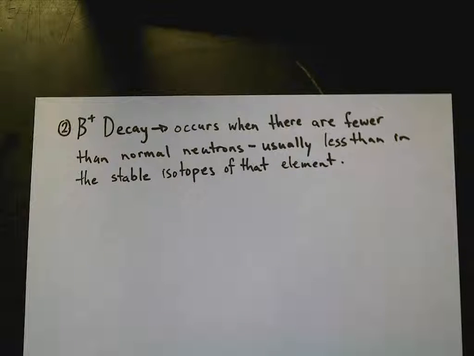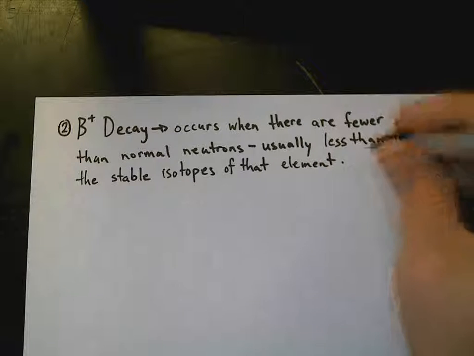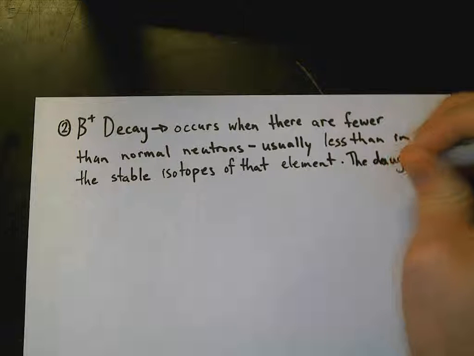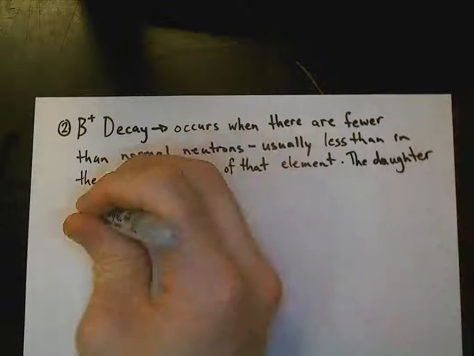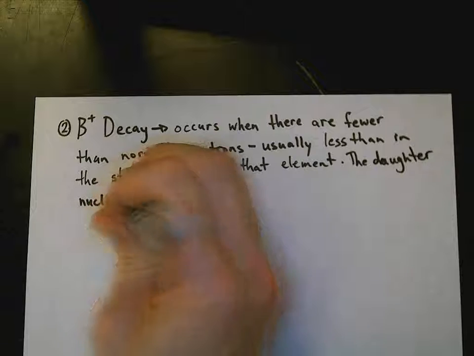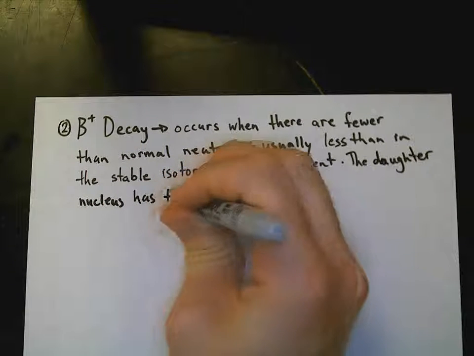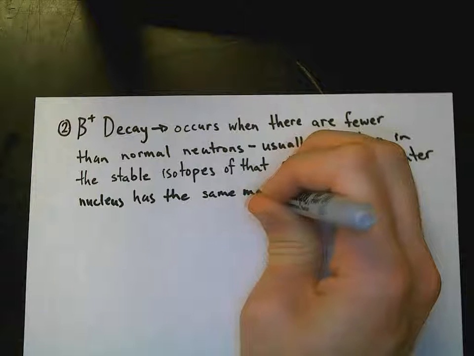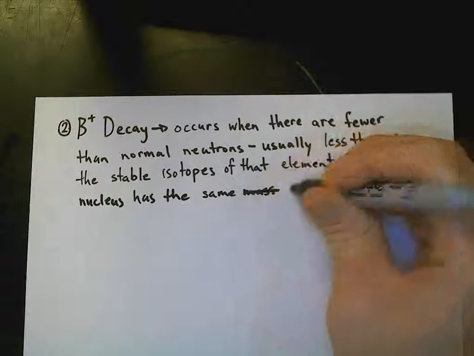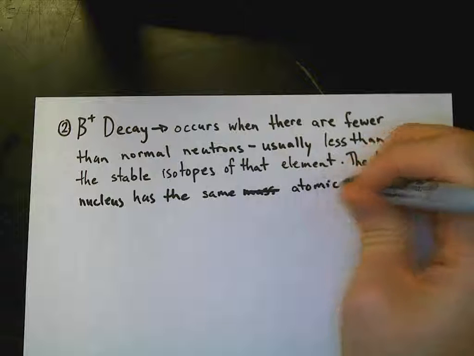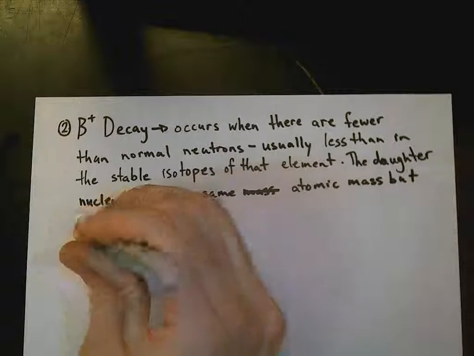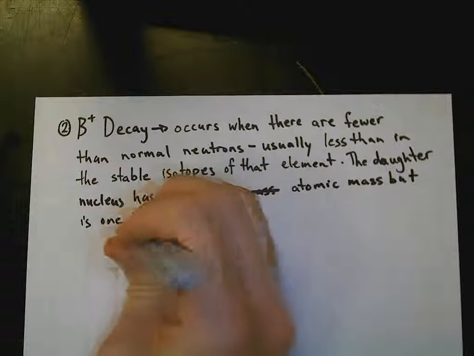What happens in beta positive decay is that the daughter nucleus has the same atomic mass but is one less in atomic number.